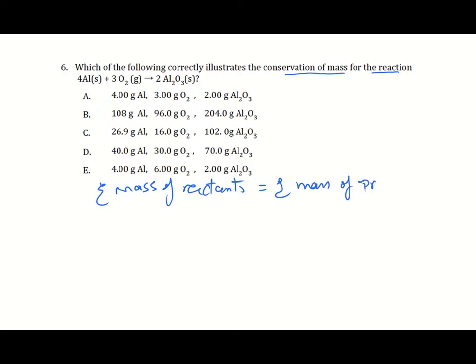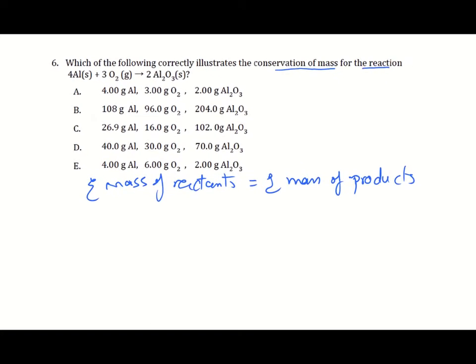We need to count and see which value is accepted. So if you calculate the mass of reactants and the mass of products to see which two values are equal.